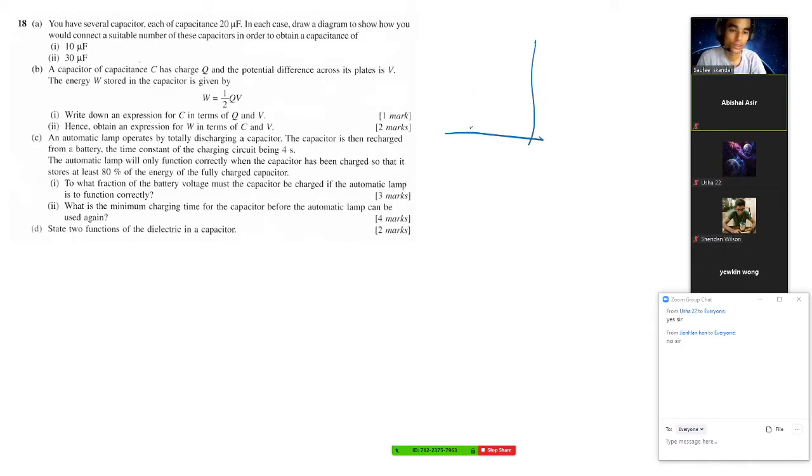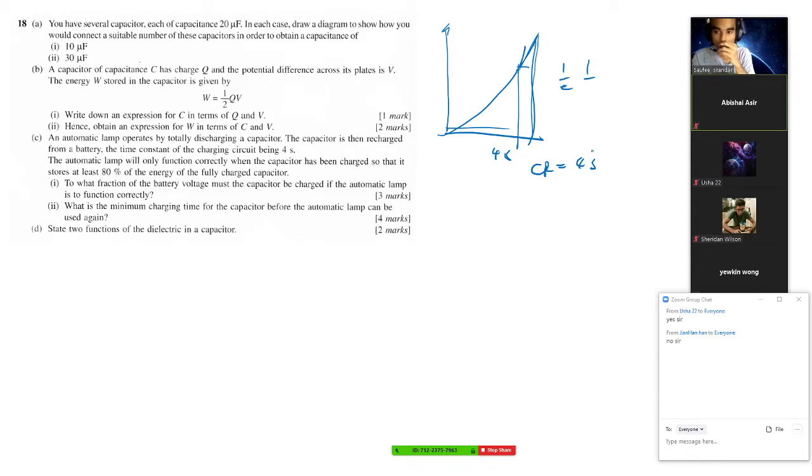It's not. 4 seconds is 1 over e of the whole thing, where e is the exponential. So 4 seconds is not the full charge of the capacitor. This is CR equals 4 seconds.